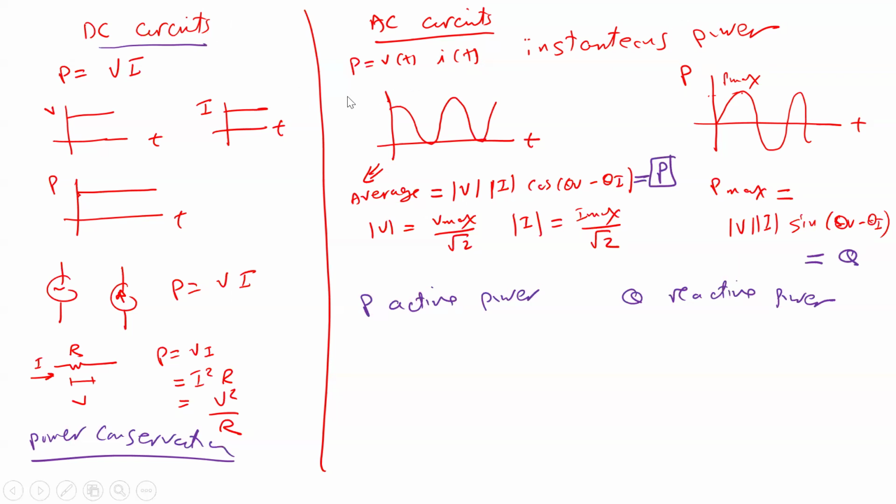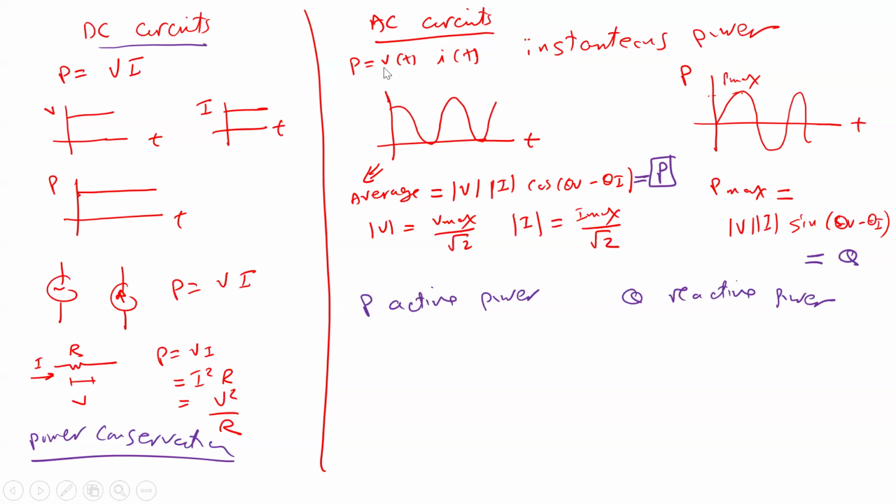Here too, the power equals V times I. As I told you, if we do the calculation V times I and do some algebraic manipulation, we find that the power has two components, two parts. One part is positive all the time, and the other part is the second component.